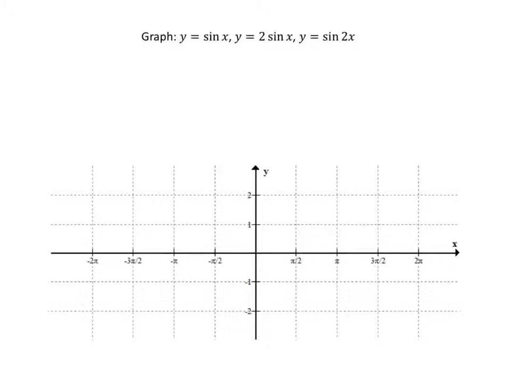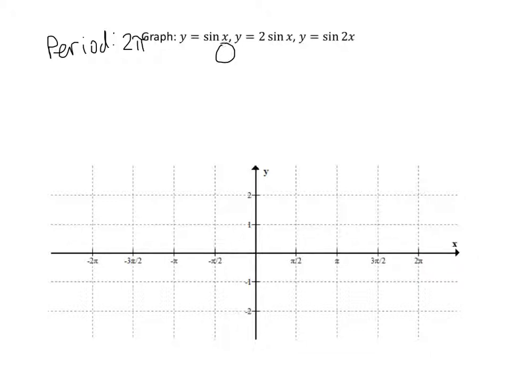What we need to do now is we need to be able to graph these functions. So we're going to start by graphing the sine of x. Now we know that the period of a sine graph is 2 pi. So what I'm going to have you do is list out the key coordinates for one period of this graph.